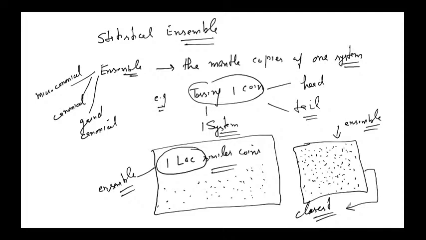Again, in this statistical ensemble, we will consider the theory of equal a priori probability. We assume that all of the possible microstates are equally likely.